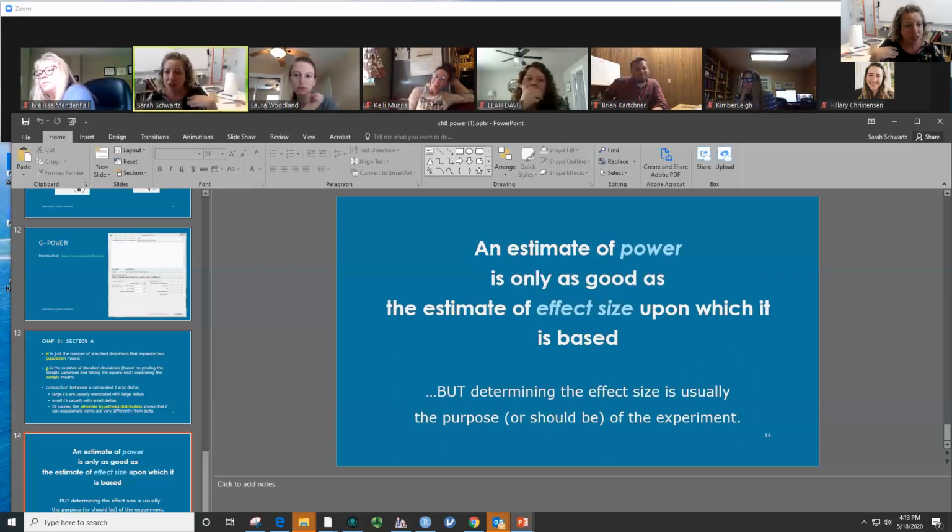But if I'm looking at a reading program for 2nd graders and I only can afford to test 30 kids, 15 in a standard teaching method and 15 in a new method, with a limited sample size, maybe I would want to increase the duration of the study to give it longer to have an effect. Or instead of doing it 10 minutes once a week, maybe do it 10 minutes every day of the week or 30 minutes to increase the intensity and bump up the effect size if I'm limited in my sample size.